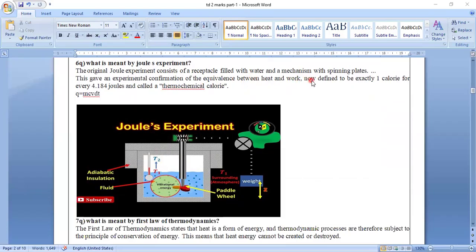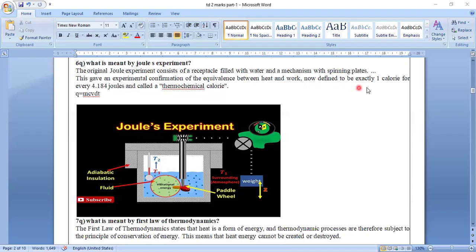It is filled with water and a mechanism with spinning plates, so you have to spin the water. This gave an experimental confirmation of the equivalence between heat and work. In this way, Joule showed that heat is generated by using work, and work is done by using heat. Both are path functions and are related to one another. This was explained.